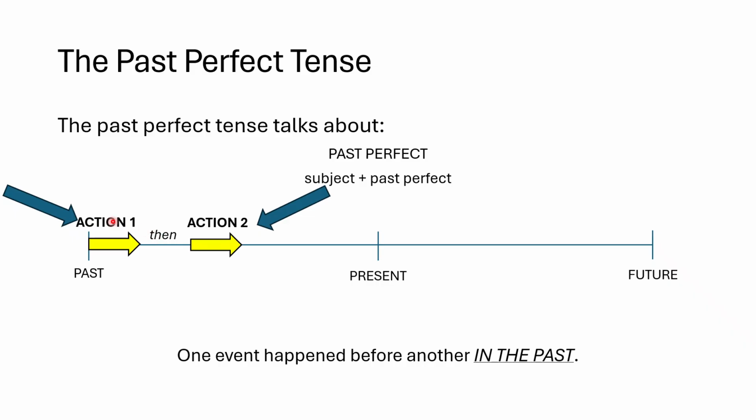One event happened before another. Both of these events happened in the past, not now, which is the present, and not the future, which is later. Before. One event happened before another in the past.